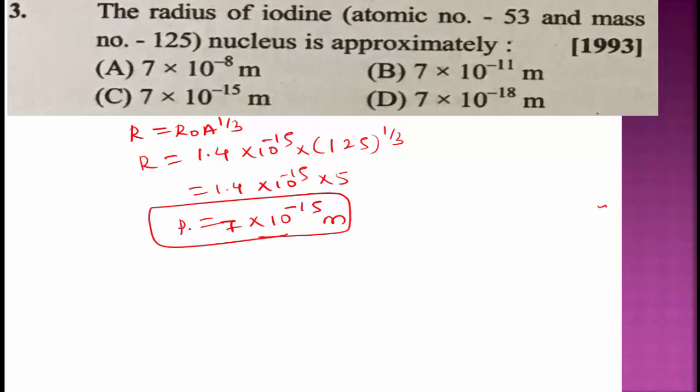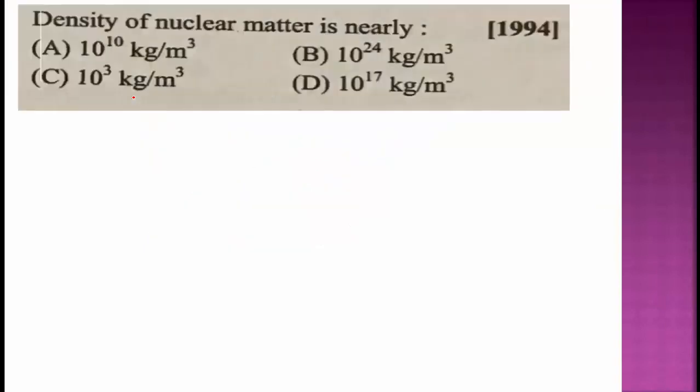Always the radius is in the order of Fermi. Here option C is the right answer, that is 7 into 10 to the power of minus 15 meter. It is the approximate value of the radius of iodine with atomic number 53 and mass number 125.